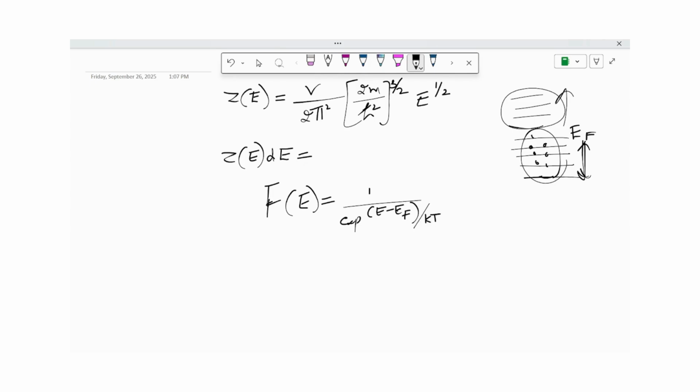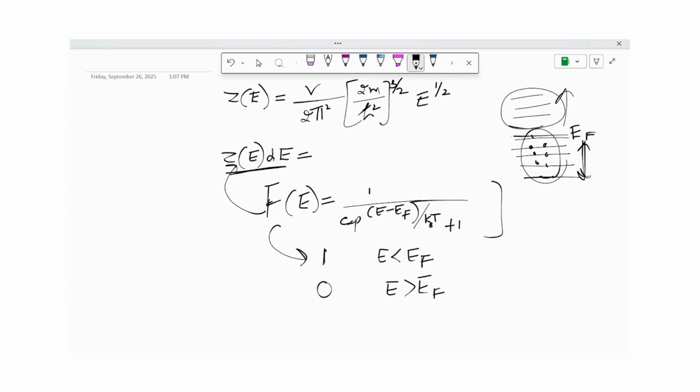So, here I am defining another function which we call the Fermi function, and it is given by f(E) as 1 over exponential (E minus EF) over kT plus 1. Here k is actually the Boltzmann constant. This I have taken from Fermi-Dirac statistics. And this function will be having the value 1 for E less than EF and value 0 for E greater than EF.